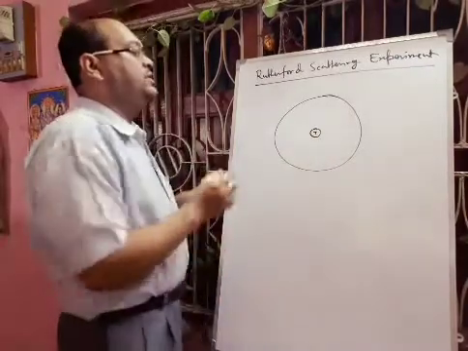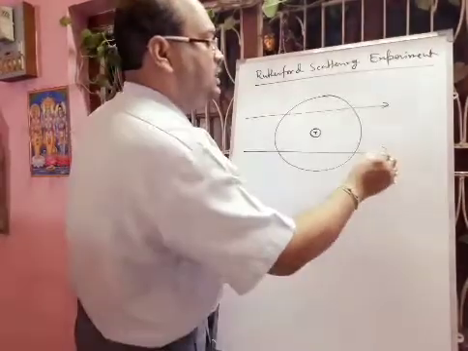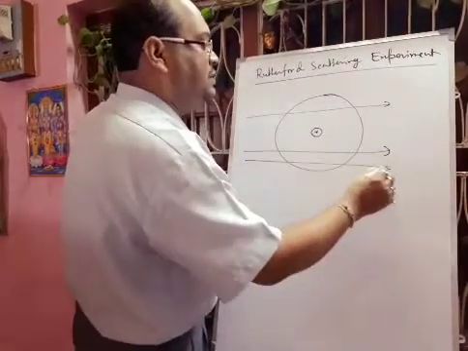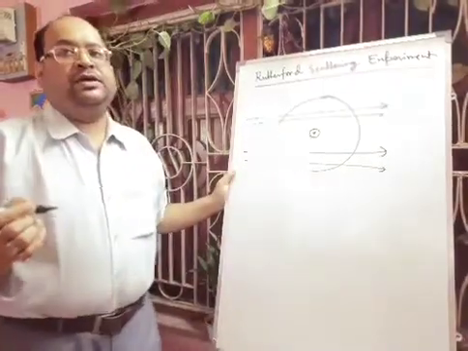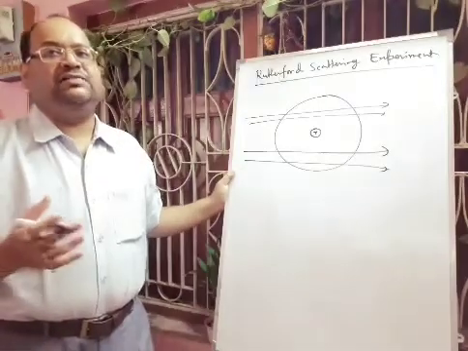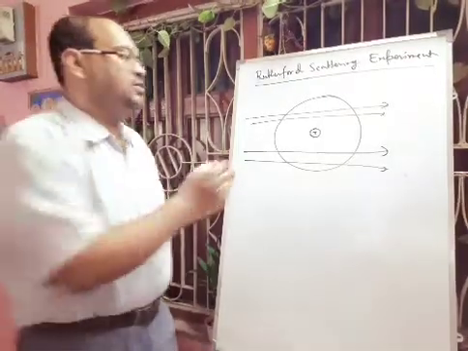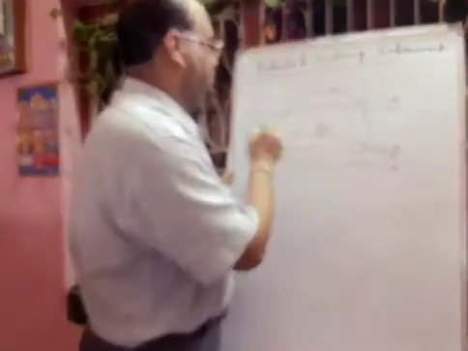When you pass the alpha rays, the maximum number of alpha rays pass without any deflection, so 99%, and a very small amount of alpha particles were slightly deflected from their straight path when going near this nucleus, slightly deflected like this.